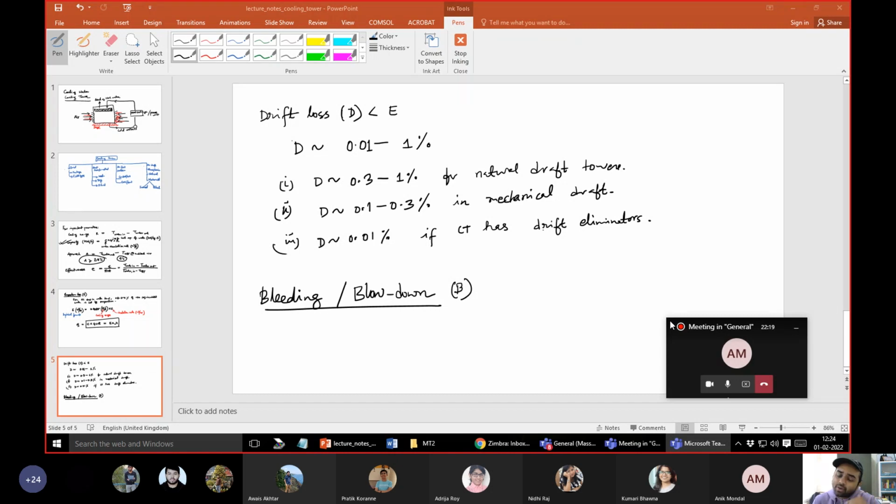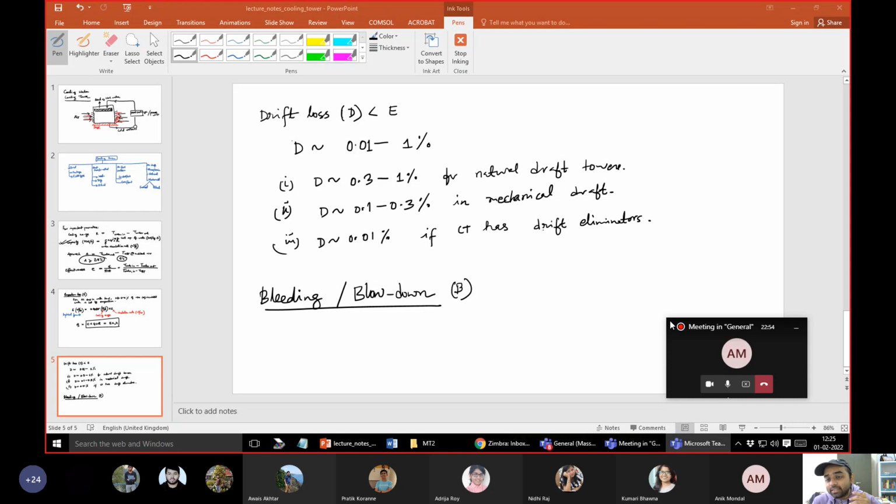The water volume will also decrease because you are having losses due to evaporation, but you can still maintain the same flow rate in the circulation. Now, as this water continuously gets evaporated, the dissolved solids won't evaporate, so the concentration of dissolved solids in the circulation water will continue to increase.